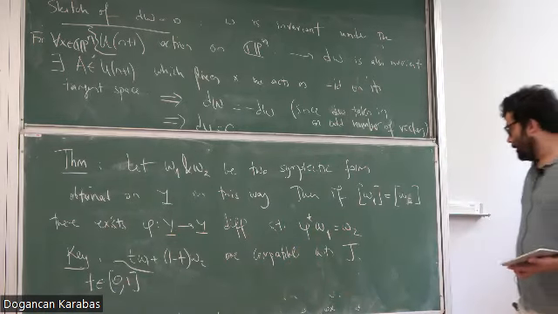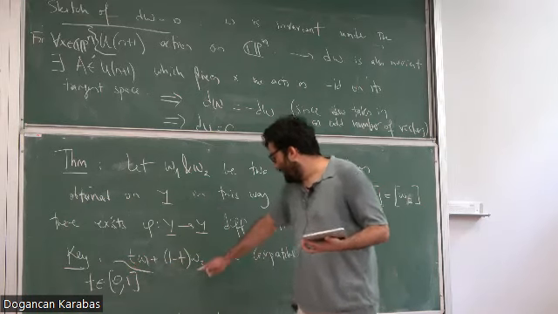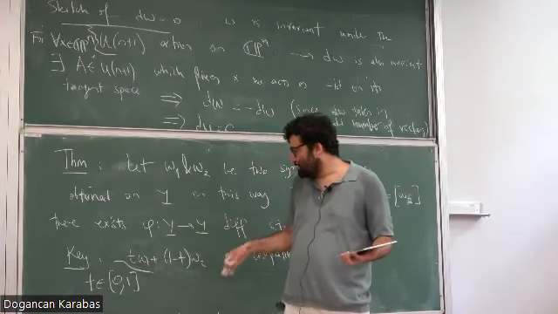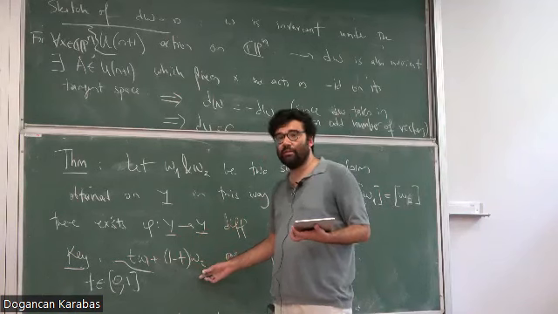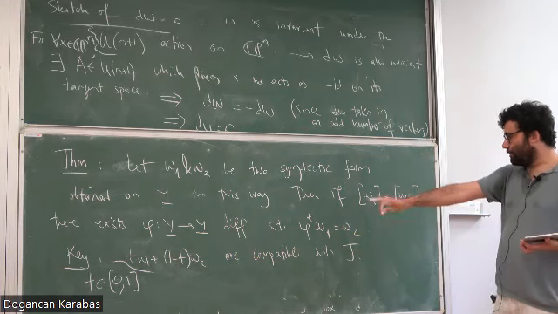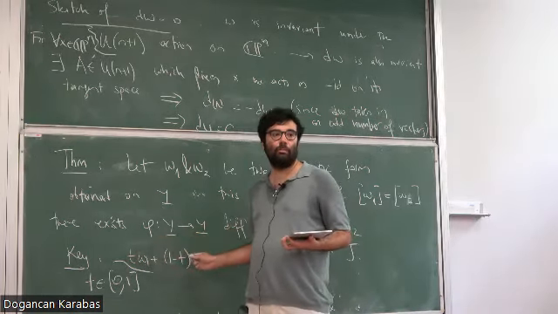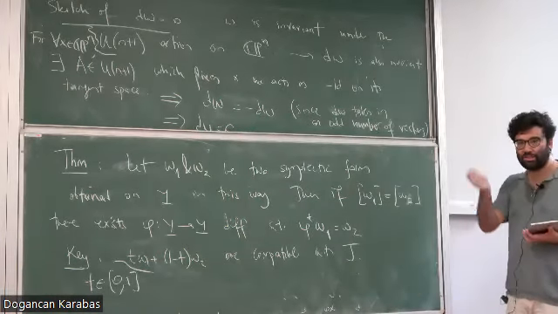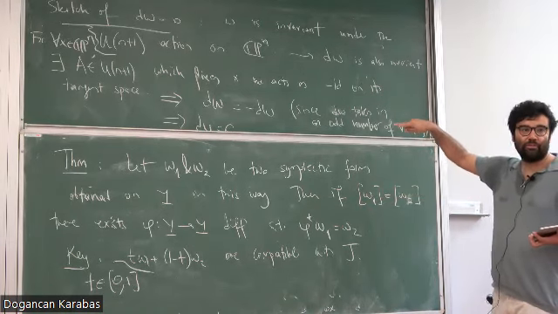Now, when I consider something like this, I know that W1 and W2 are both closed, so any convex linear combination like this will always be closed. But the issue is that it might fail to be non-degenerate. Because both of them are compatible with J, you can check that these convex linear combinations are also compatible with J, which proves the non-degeneracy. You can check that for each omega in this family, omega(V, JV) is positive.